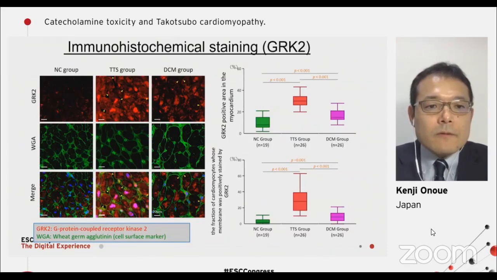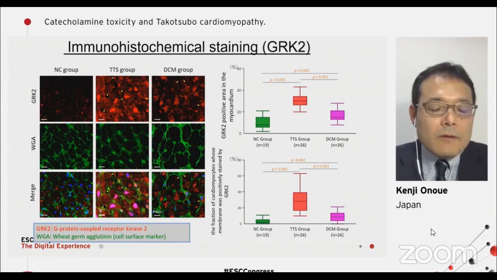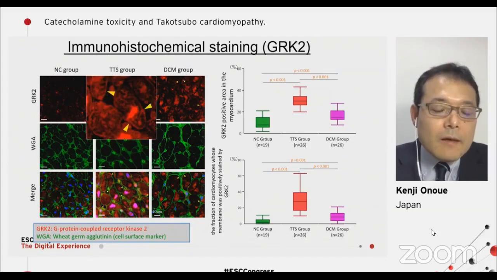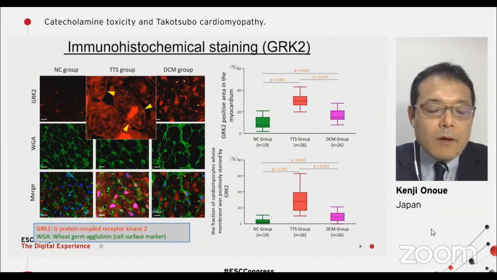This slide shows the immunohistochemical staining of GRK2. As you can see in the middle column, the GRK2 expression in the cardiomyocyte was significantly elevated in TTS group, and especially the positive stained signal on the cell membrane was observed in TTS group.